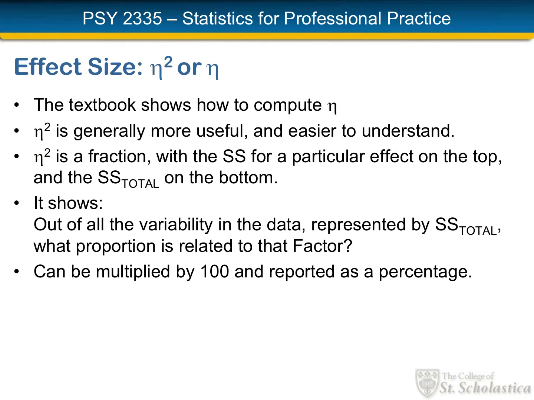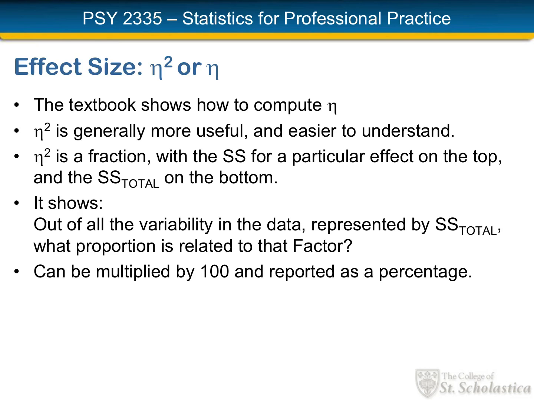We do need to be able to say something about effect size. We know that we have results that have a low probability of being due to random chance, but we don't know how big the effect is. In our textbook area on effect size, it shows us how to compute eta, which is another Greek letter. It's actually kind of like the Greek letter H, but it's become pronounced more like a vowel, eta.